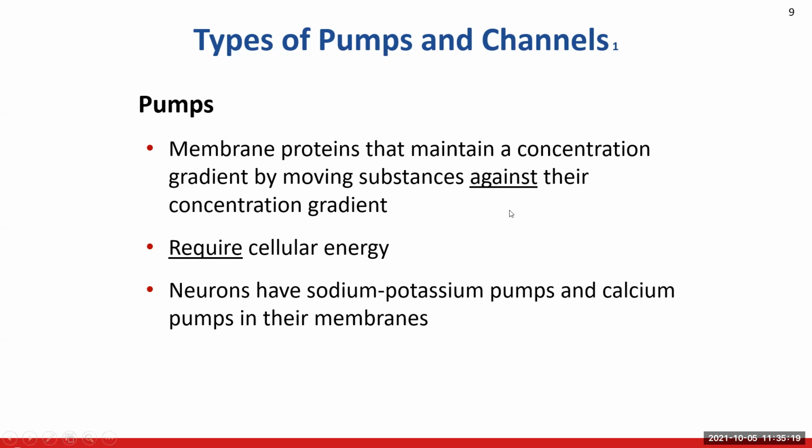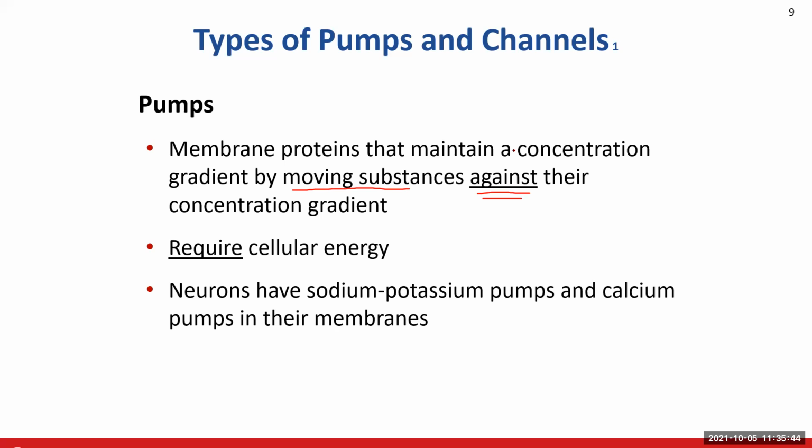One is that these pumps are going to move substances against, I can't stress this enough, against their concentration gradient. That's a form of active transport. You should remember that from chapter 4.